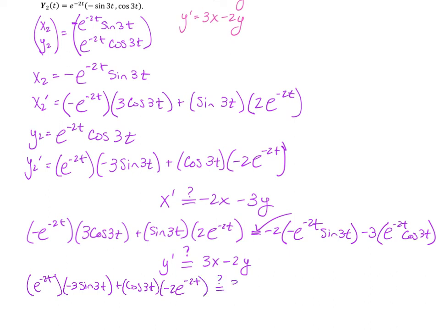Does that equal 3 times x? X is negative e to the negative 2t sine 3t minus 2 times y, and y is e to the negative 2t cosine 3t.